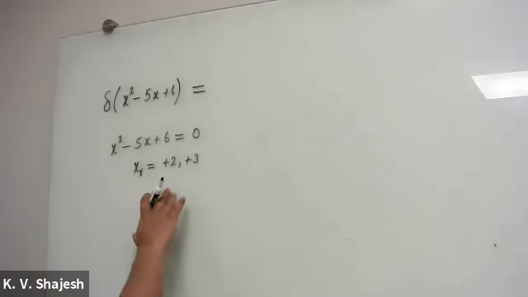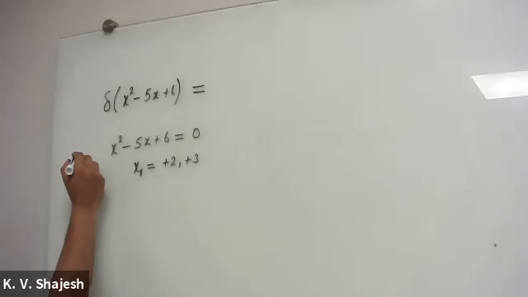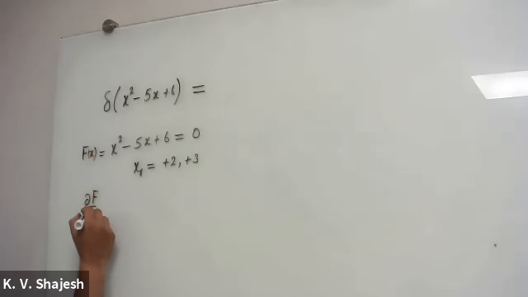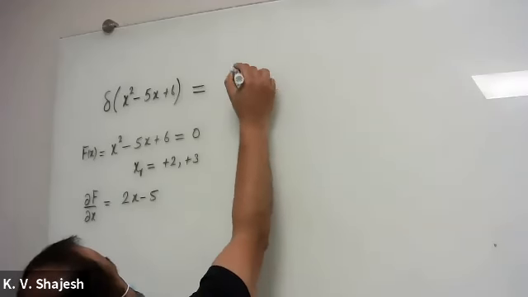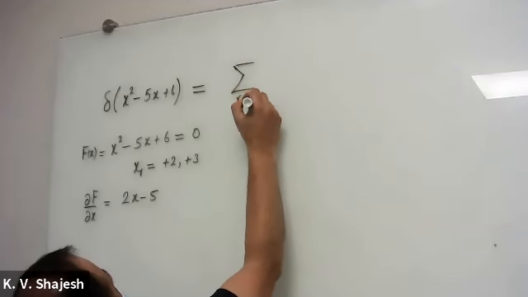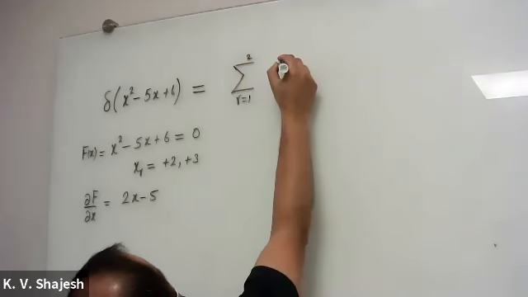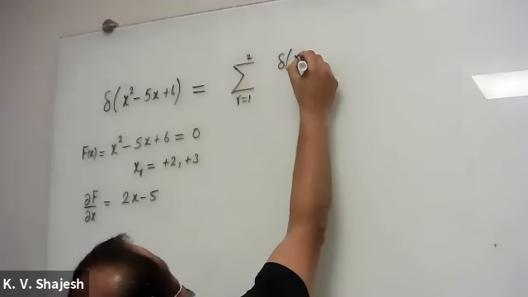And then we want to find the derivative. So this is f of x. What's the derivative of f with respect to x? This is equal to 2x minus 5. So our identity says, sum over r from 1 to 2, delta of x minus 2.